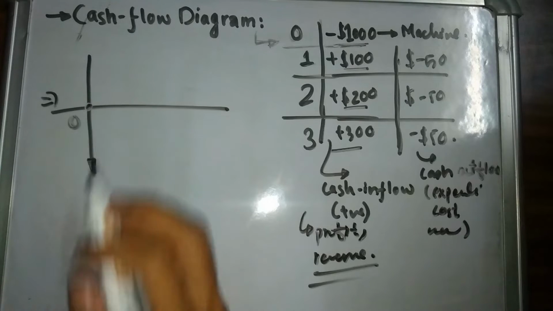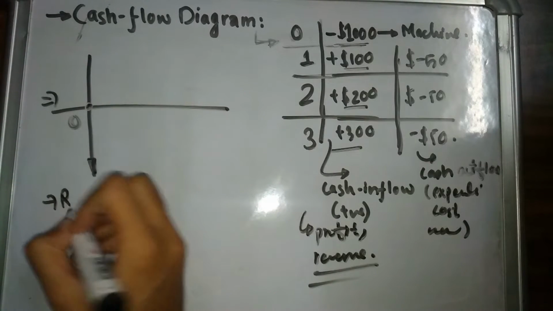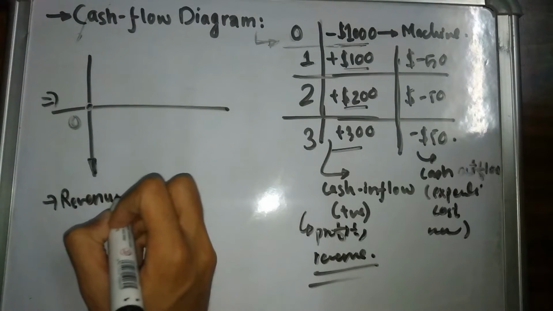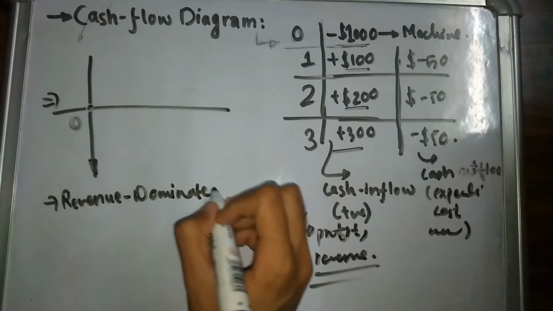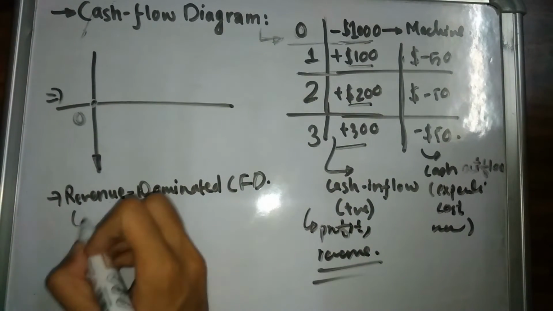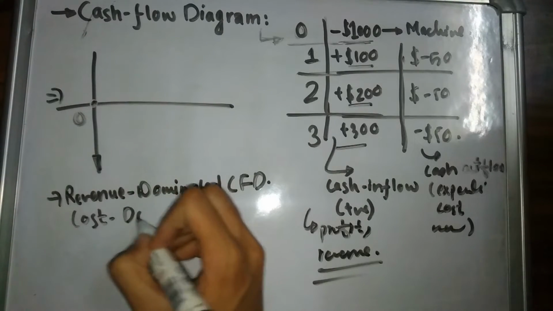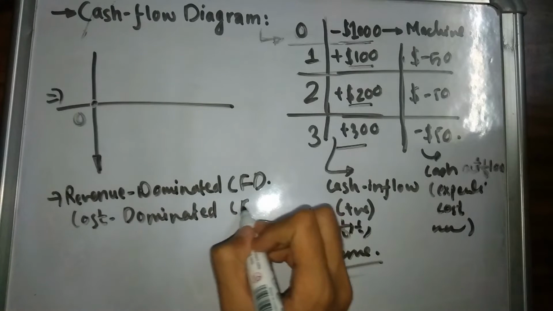For our cash flow diagram, there are basically two types: first is revenue dominated cash flow diagram, and next is cost dominated cash flow diagram. We need to understand both of these topics clearly, as they have different rules.